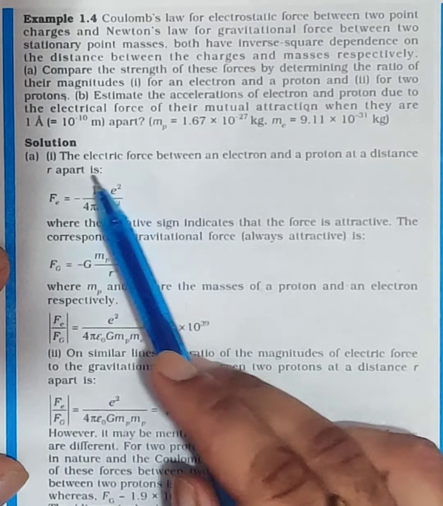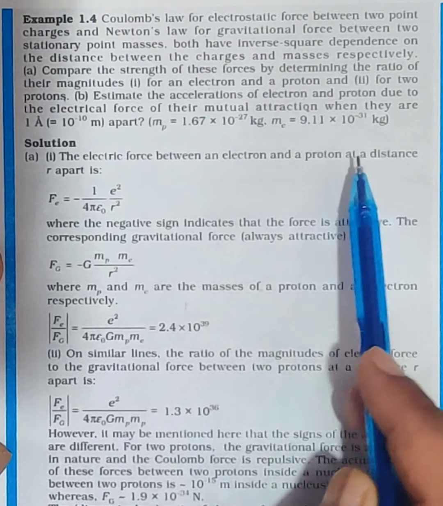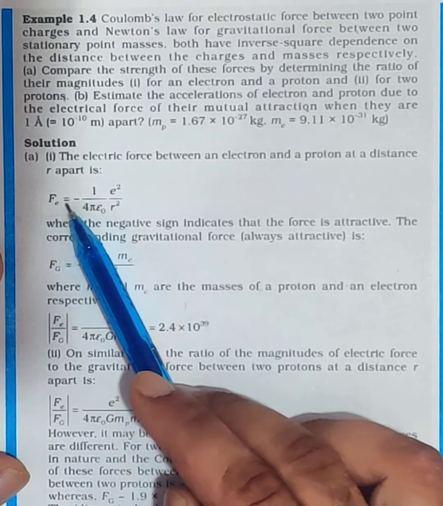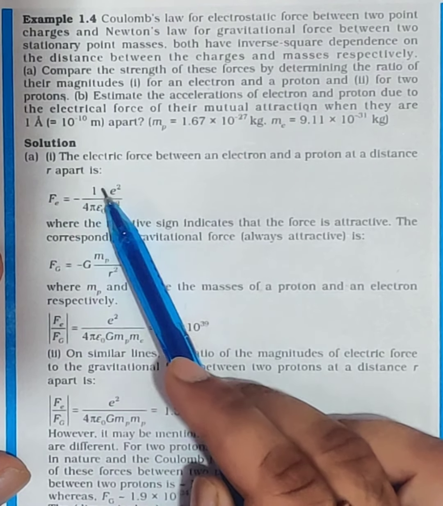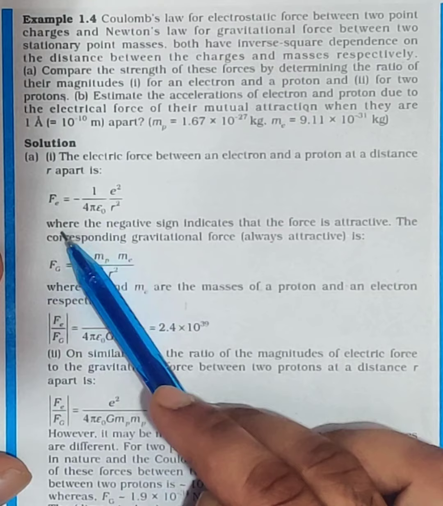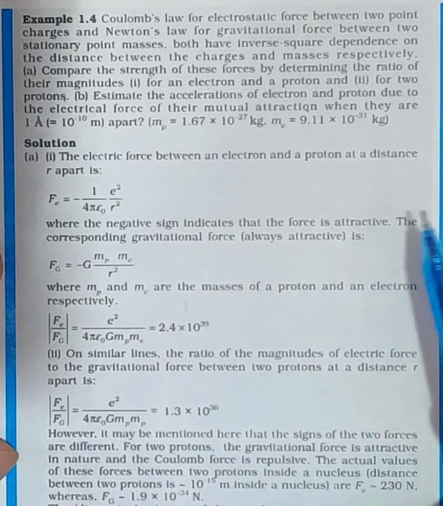Solution. The electric force between an electron and a proton at a distance r apart is Fe equals minus 1 upon 4 pi epsilon naught e square by r square, where the negative sign indicates that the force is attractive.